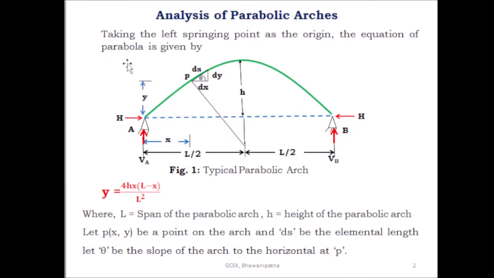Then coming to the analysis of the two-hinged parabolic arch. Let us take a point P at a distance x from the support A and height y from the support A. This is the point P(x, y).